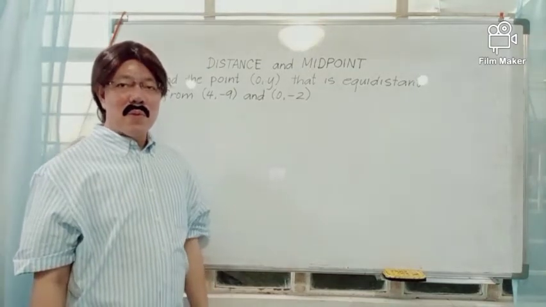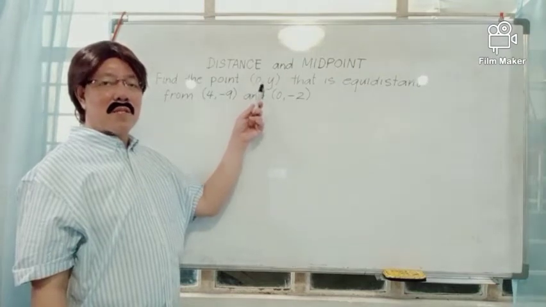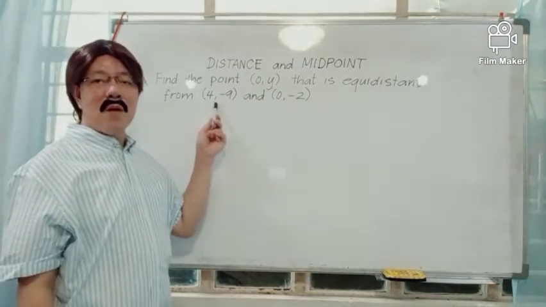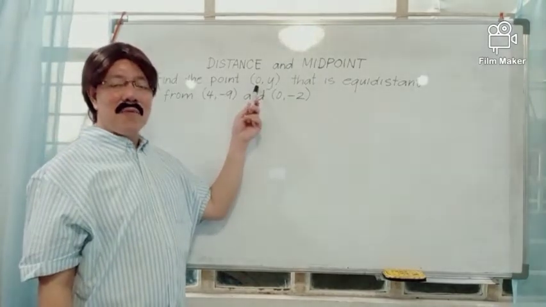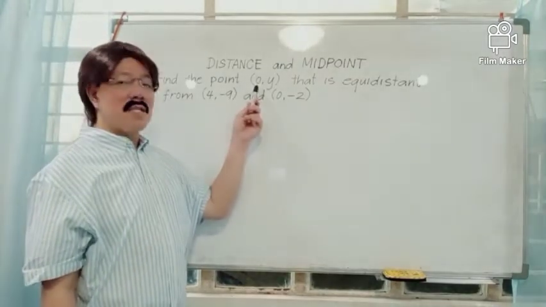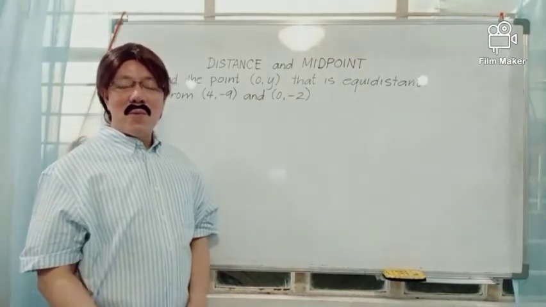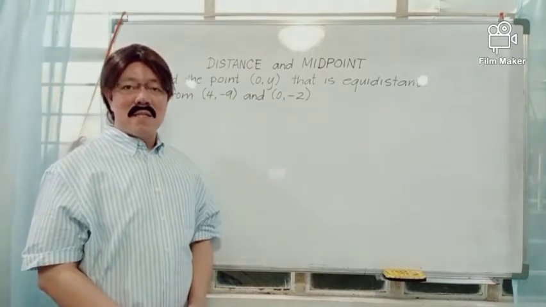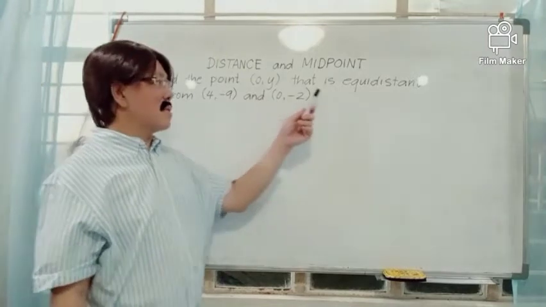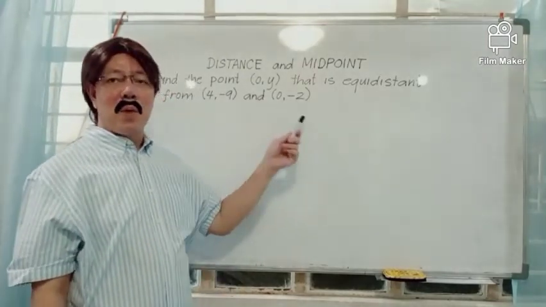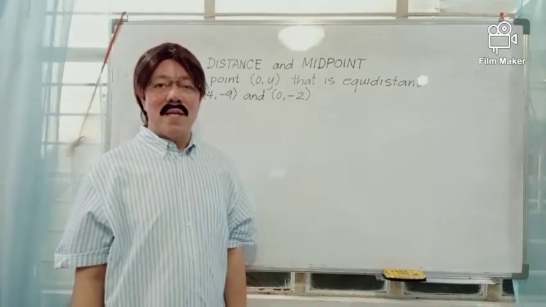So what we will do is get the distance of this point (0, y) from the point (4, -9), and also find the distance of this point from (0, -2), and equate the two distances because they are equal, since this point is equidistant from these two points, and from the resulting equation we will solve for y.